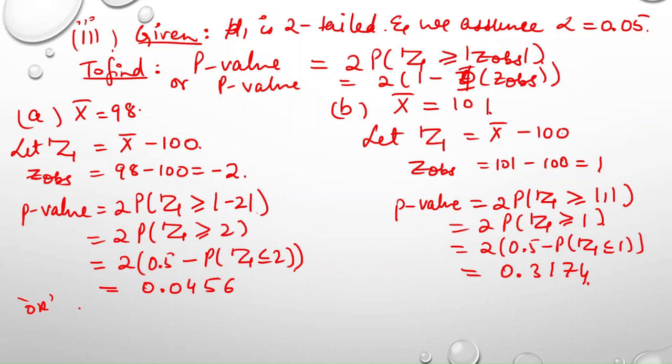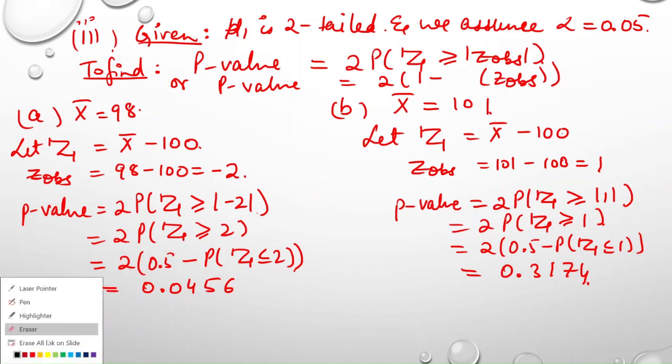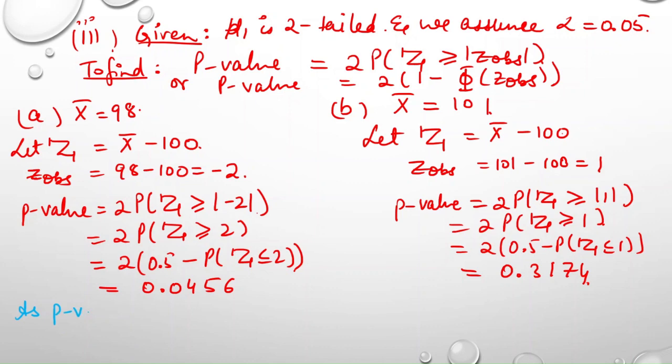So now what we have achieved here is that for the A part, we could see that the p value in this case is less than 0.05, so we reject our H naught.